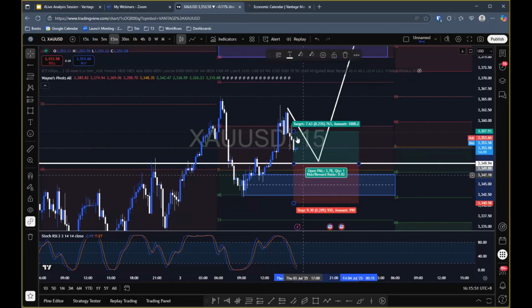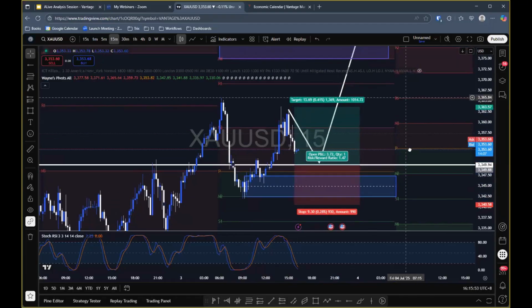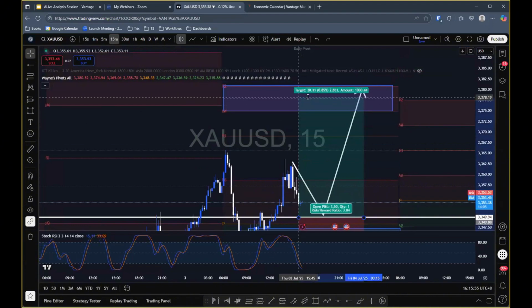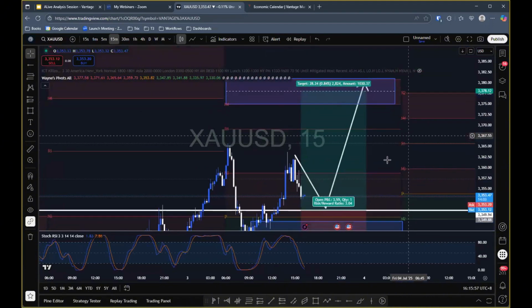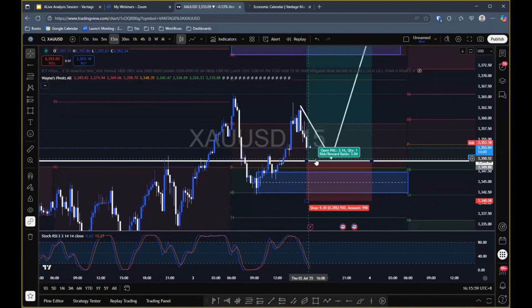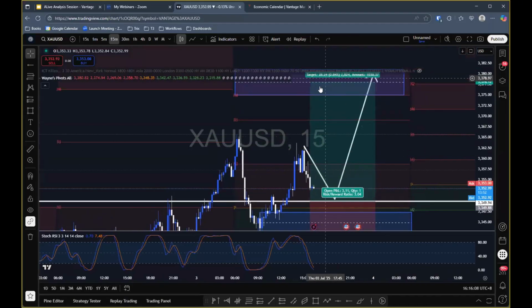And what you want to target is at least 1:3. If you enter around this white line here, then your target will be 1:3.